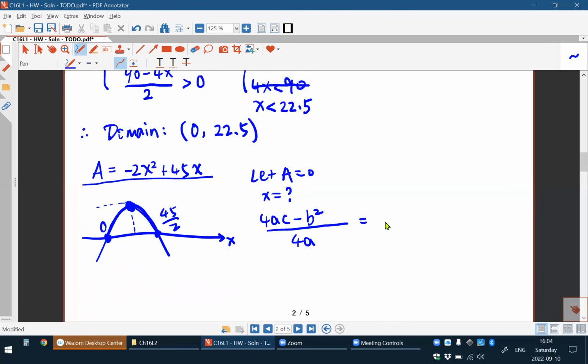So what is 4a? -8, right? 4ac is 0, because c is 0. Minus b squared, 45 squared, which is 45 squared over 8. You should be able to find this number.